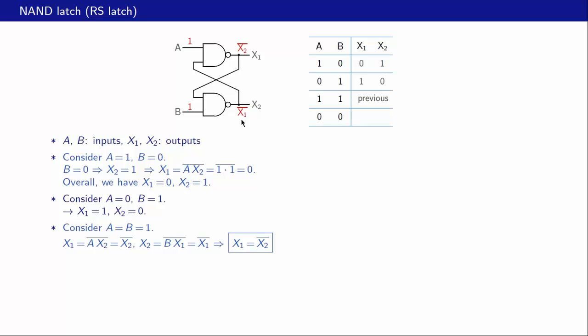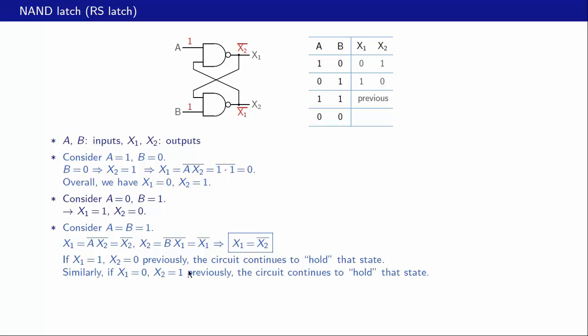Now whether X1 is 0 or 1, we don't know, and let us take two cases. For example, if X1 was 1 earlier and X2 was 0, then that situation will continue to hold because it does satisfy this relationship.